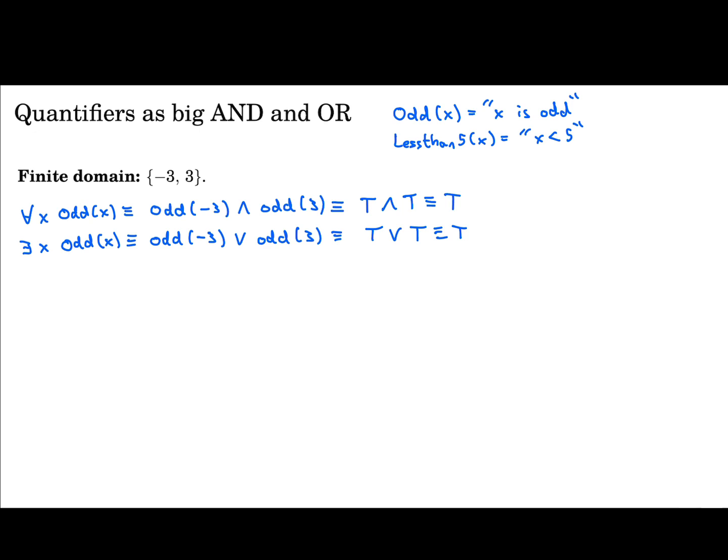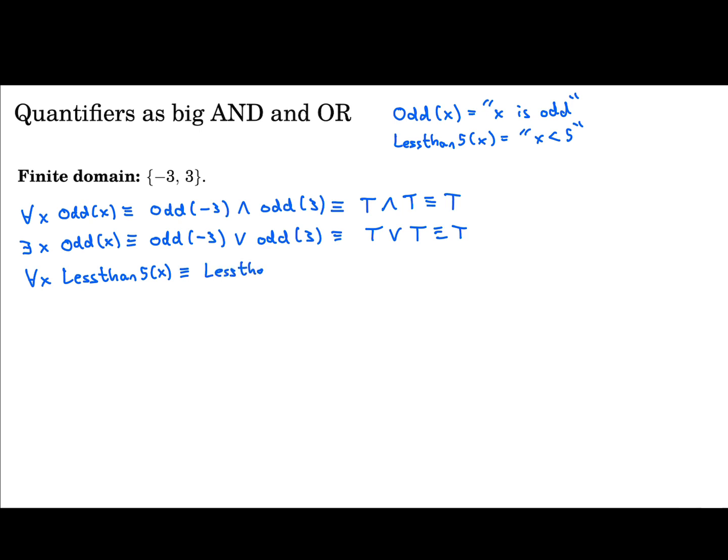Now, if we take, for example, the less than, is it true that for every x, less than 5 of x is true? Well, once again, you just need to check it for each one.